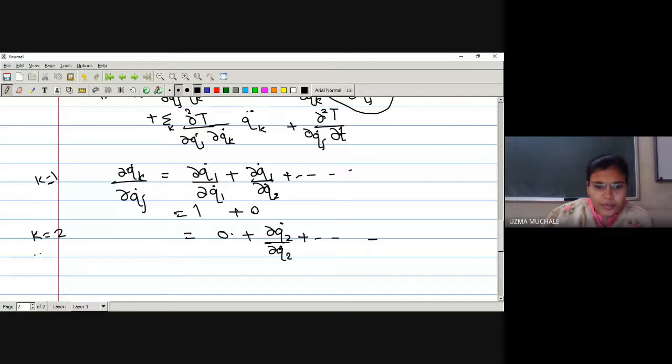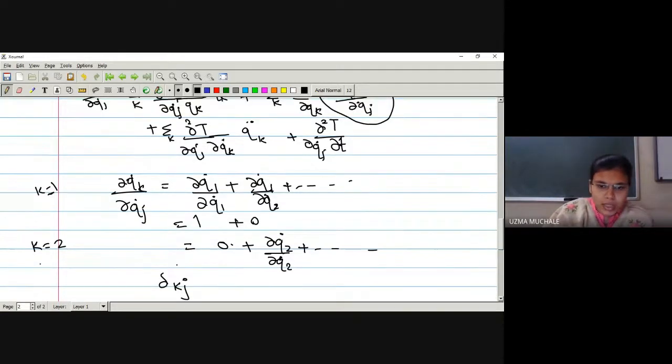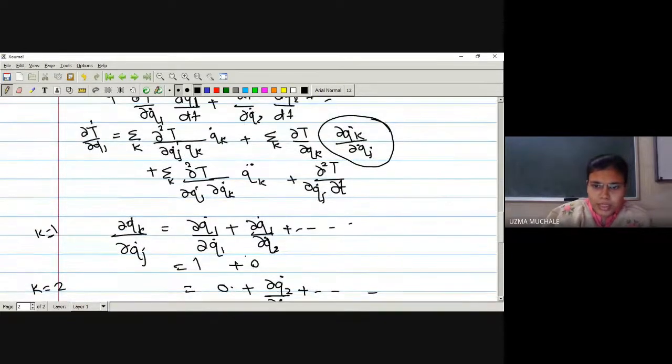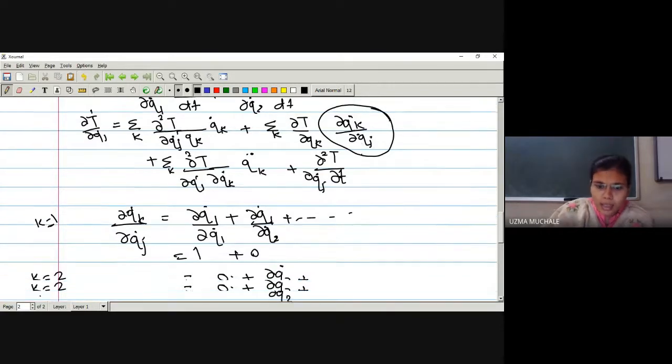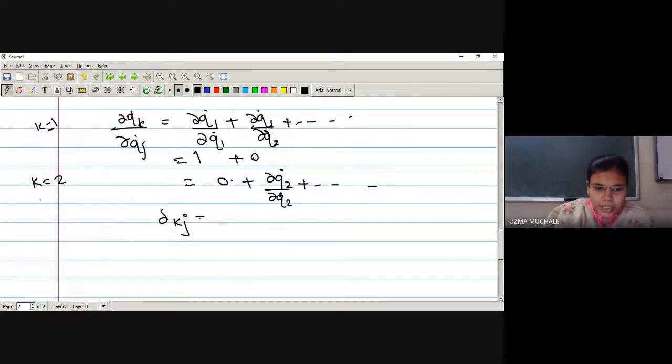So in this way we evaluate this term, and we have a smaller notation for it: delta kj, as k and j are both parameters here. The value of delta kj is equal to 1 when k equals j, and 0 if k is not equal to j.